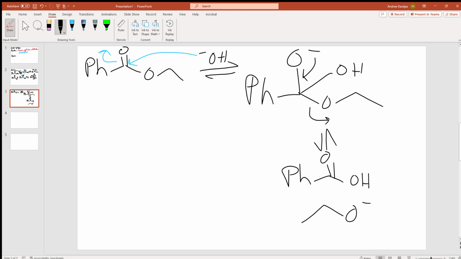And there's a pretty significant pKa difference between an alcohol and a carboxylic acid. A carboxylic acid typically has a pKa of down around 4 or 5, whereas an alcohol might have a pKa of 15, maybe even as high as 18 or 20. And so if any of that's formed, it's immediately going to exchange a proton.